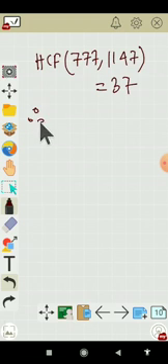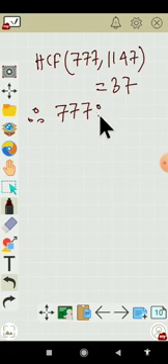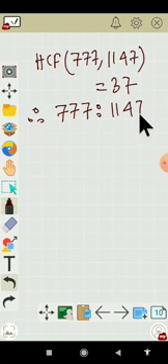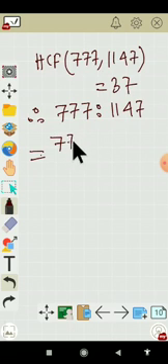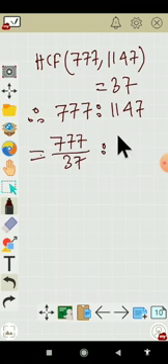Now the given ratio, that is 777 is to 1147, we have to write in simplest form by dividing by 37. So 777 by 37 is to 1147 by 37.